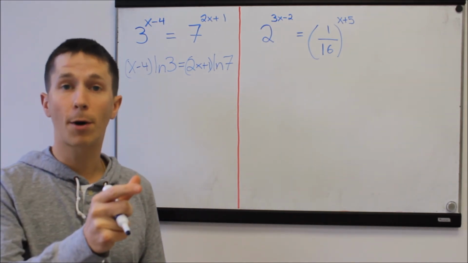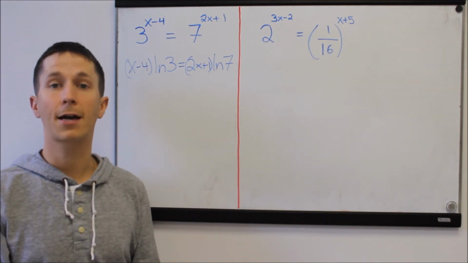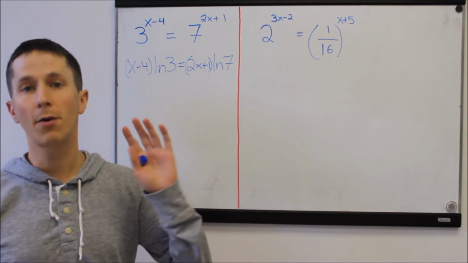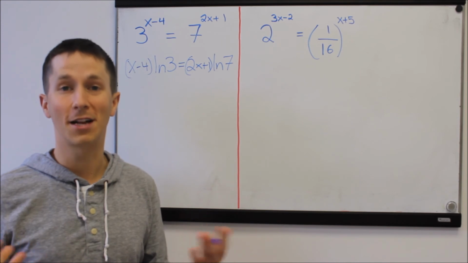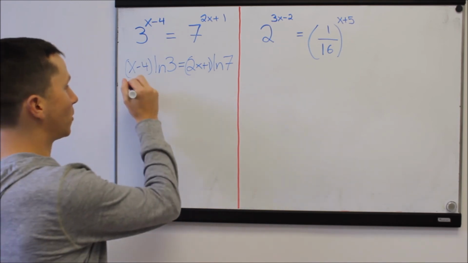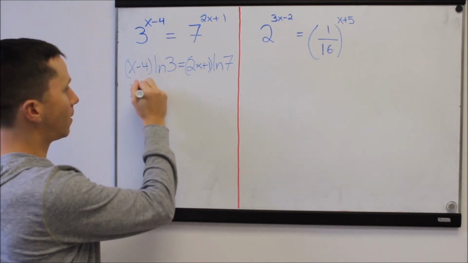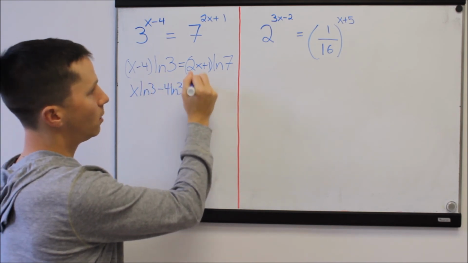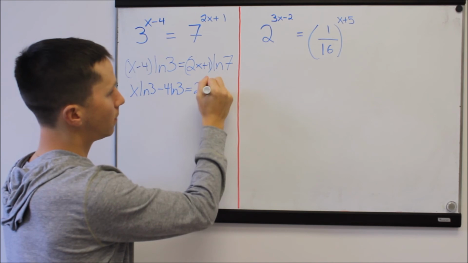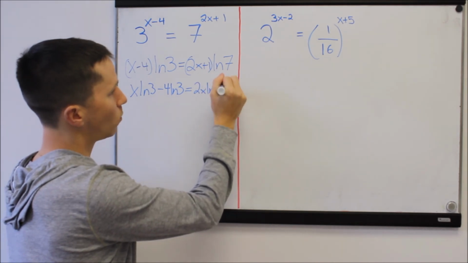Now we multiply out the brackets, get everything with an x on one side, everything without an x on the other side, so that we can factor and cancel and solve for x. Let me show you. So multiply: x ln 3 minus 4 ln 3 equals 2x ln 7 plus 1 ln 7.